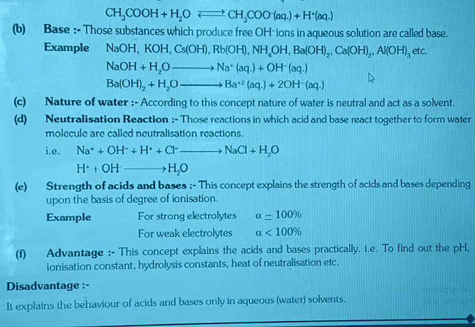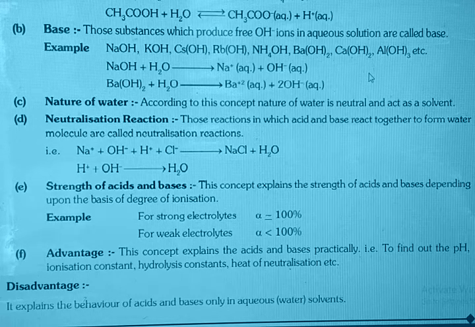For strong electrolytes it is 100%, and for weak electrolytes it is less than 100%. It will give you the information about which type of acid it is, depending upon how they ionize.